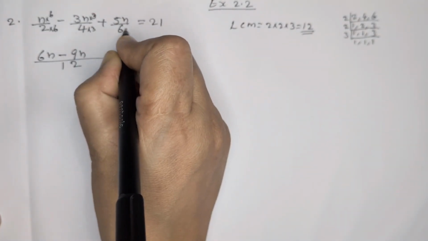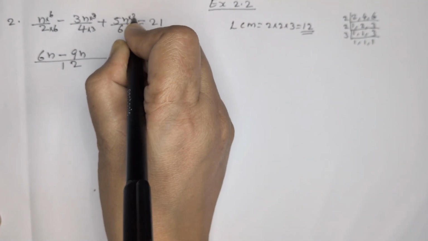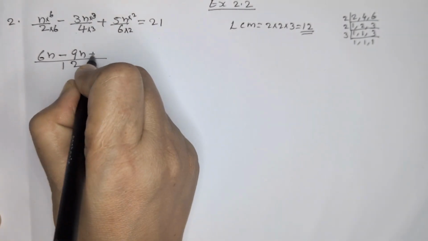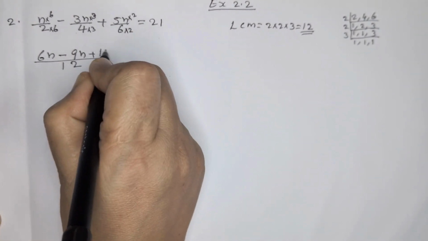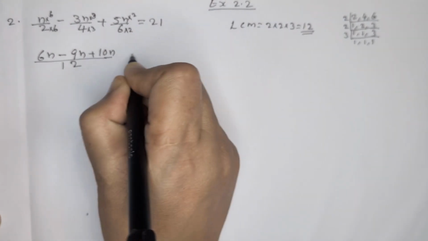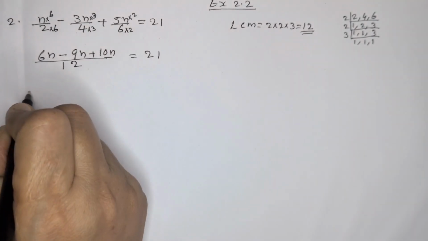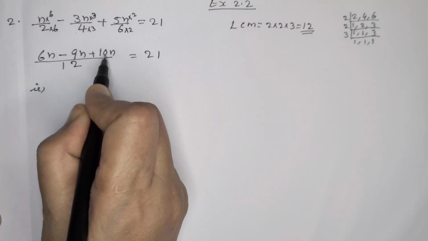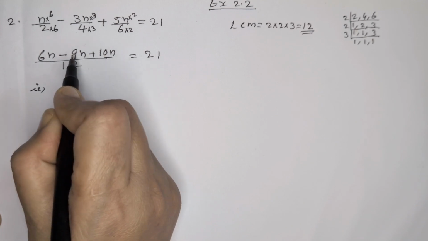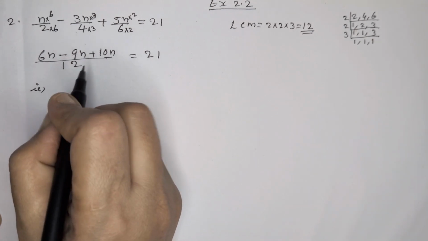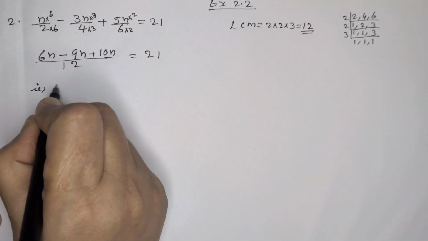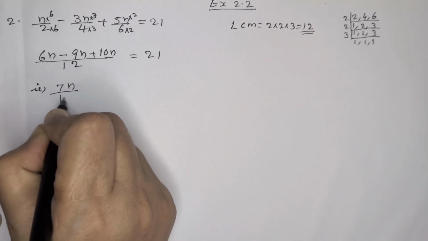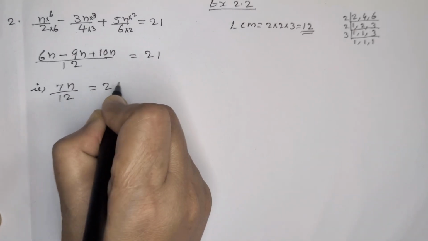Here 6 into 2, so numerator also by 2, 5n into 2, 10. Is equal to 21. That is 6n plus 10n, that will become 16n minus 9n. So 7n by 12 is equal to 21.